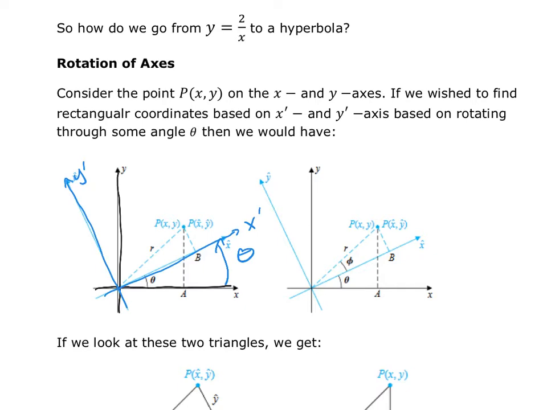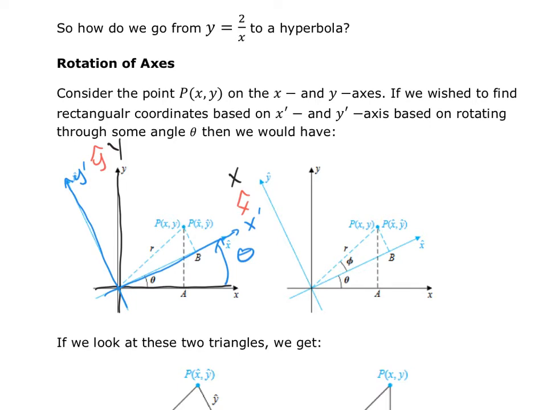We may also see these with hats, labeled y hat and x hat, and you may also see these labeled as capital Y and capital X. So those are the different ways in which you may see that. If you see that in the book or on the homework, it just means we are talking about a rotated axis. Okay? Any questions so far?